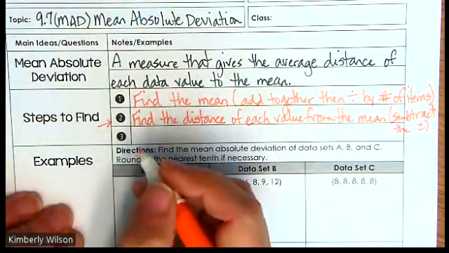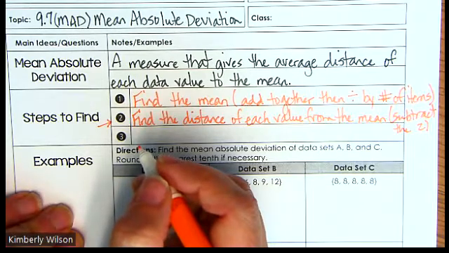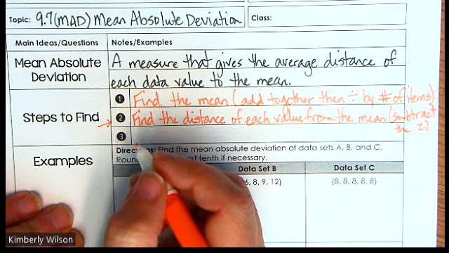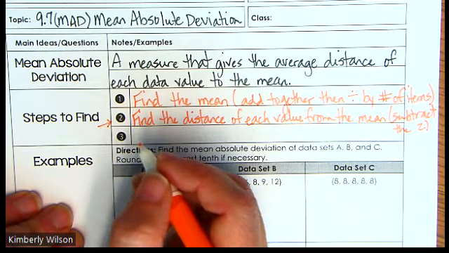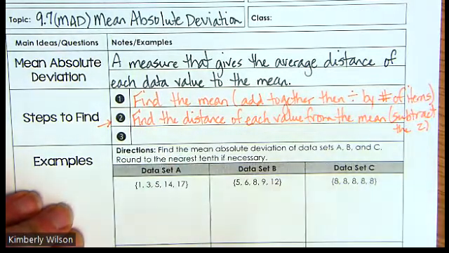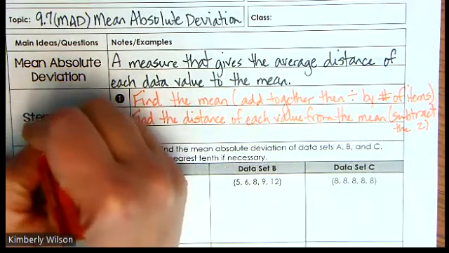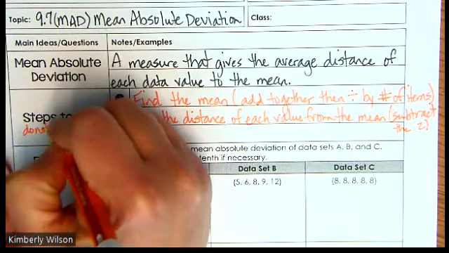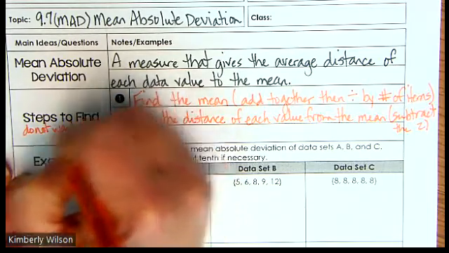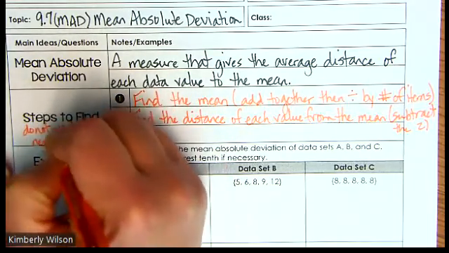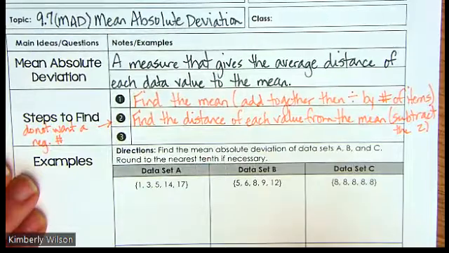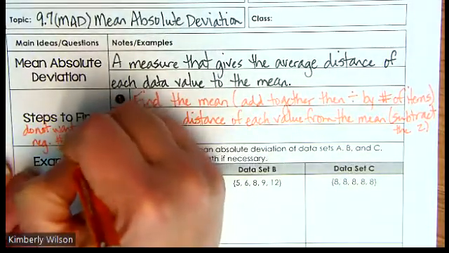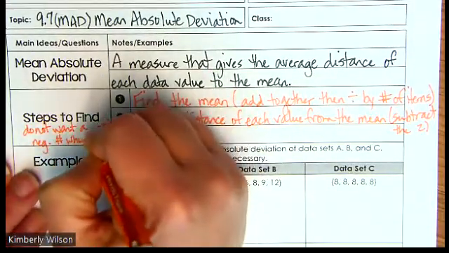I'm going to do the mean minus the data value, or it's just subtract the two, because you subtract so you don't have a negative number. You do not want a negative number when you subtract.